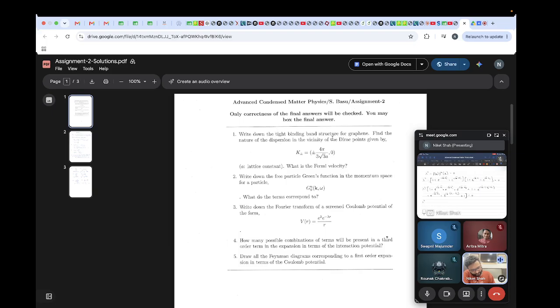So lambda square minus of 3 plus, I have a few cosine terms, 3 plus 2 cosine k dot a1 plus 2 cosine of k dot a2 plus 2 cosine of k dot a1 minus a2 is equal to 0.